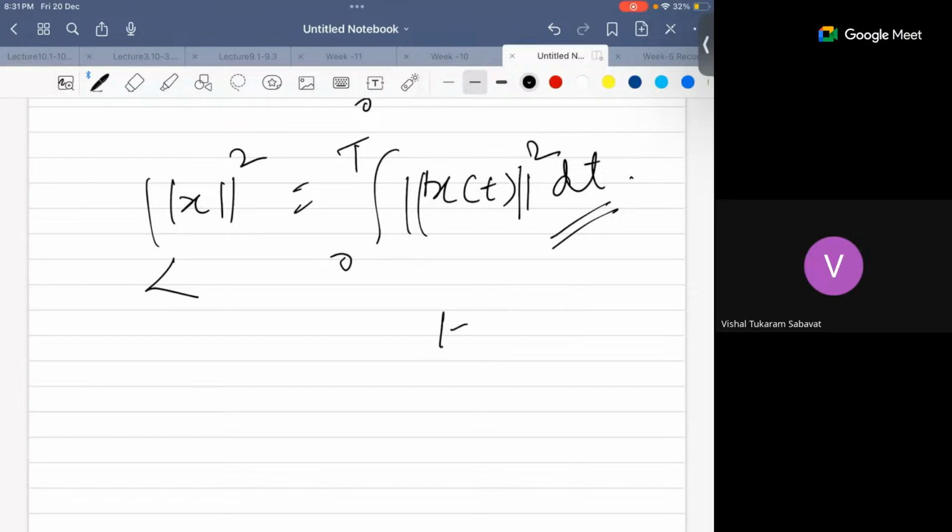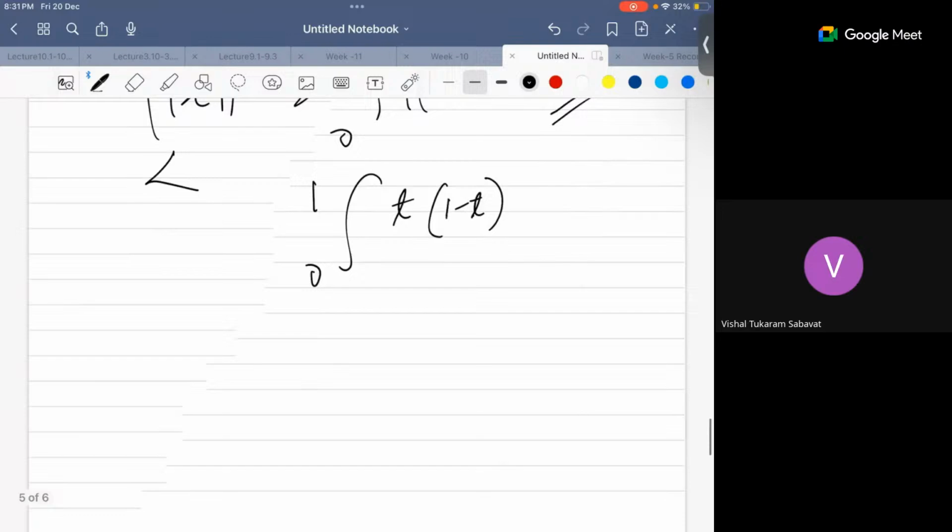You will take 1 minus t only. Bar means whenever you are getting a complex term, there you will change the value. Here you are not getting anything. If you had got something like 1 minus jt, then you would have done plus. Got it. So t into 1 minus t, and whatever you are getting, you can just integrate it from 0 to 1.